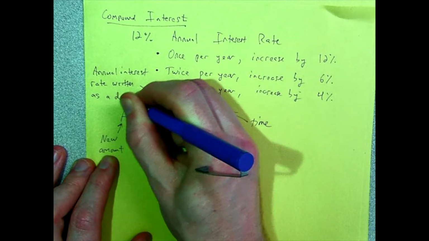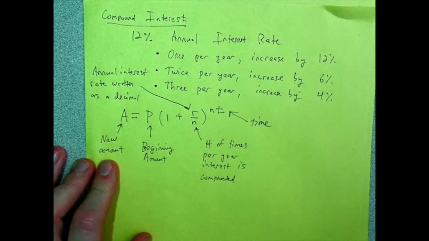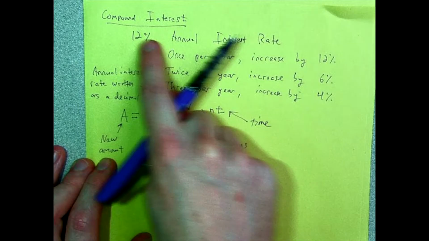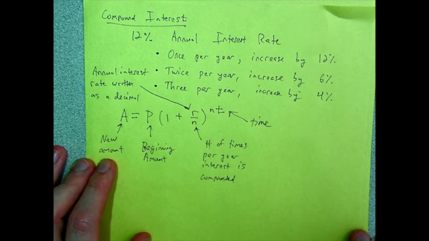So, in this example, we had 12% annual interest, and so therefore R would be 12% written as a decimal, which would be 0.12.